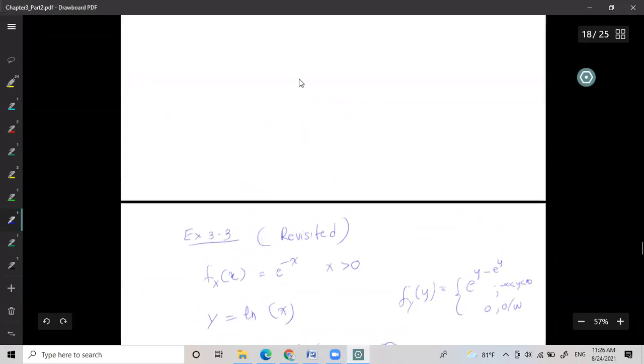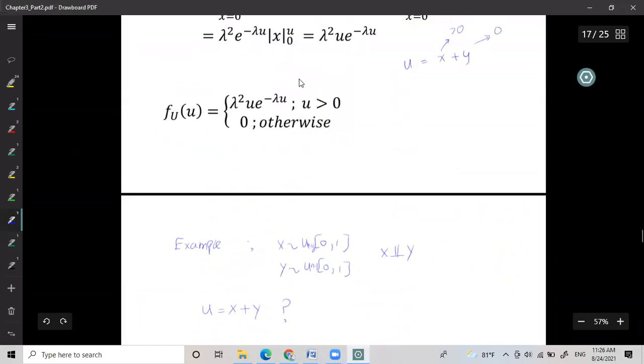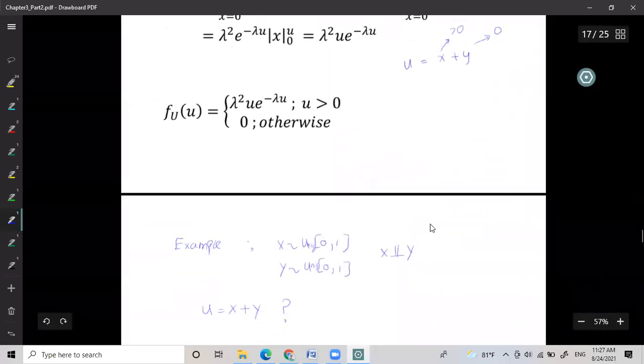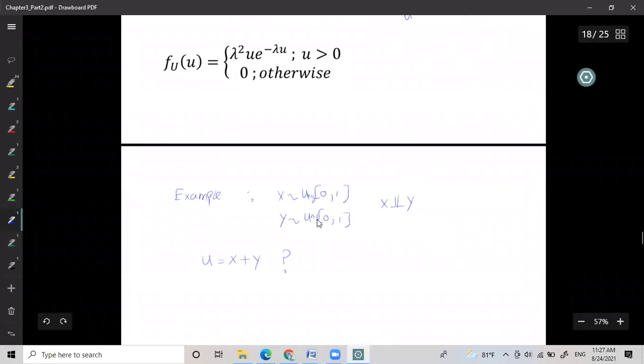Any other question? Okay, so with that, I will stop the lesson for today. And try to do the other way around also for these proofs. And then try to find what will be the density when x and y are uniform.